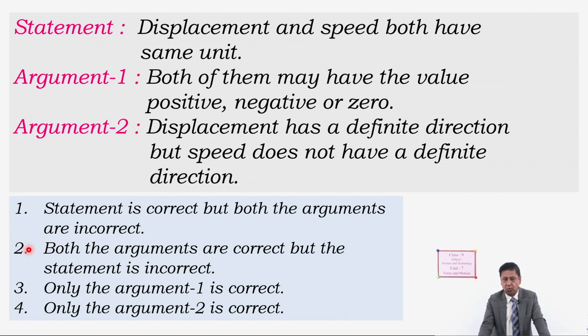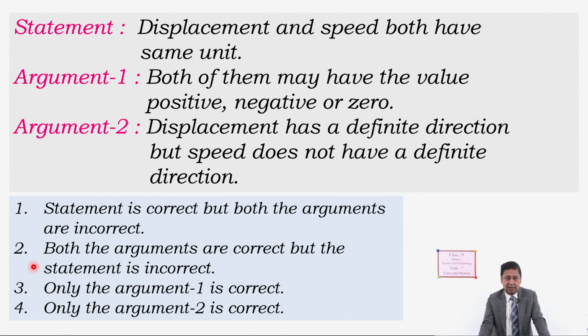Now 2. Both the arguments are correct but the statement is incorrect. Now let's go through the argument. Both of them may have the value positive, negative or 0. Is this correct? No, this is also incorrect because displacement is a vector quantity. It can have positive or negative or 0 value, but speed is always positive.